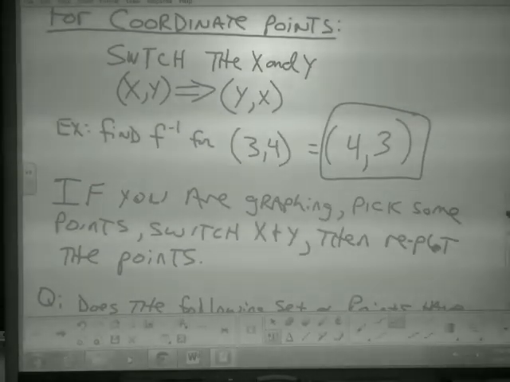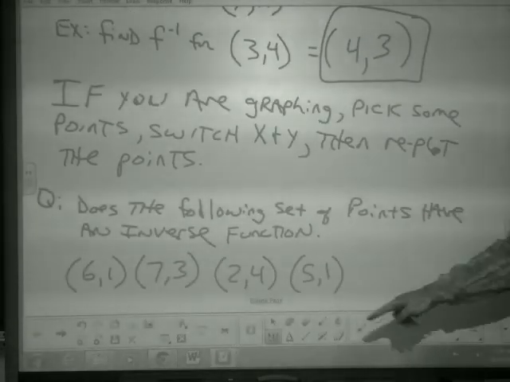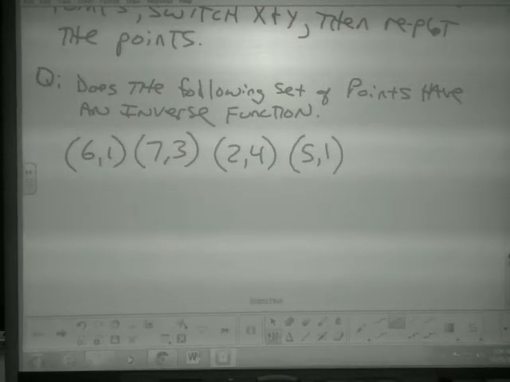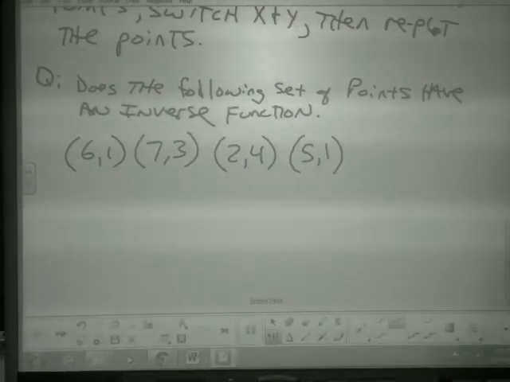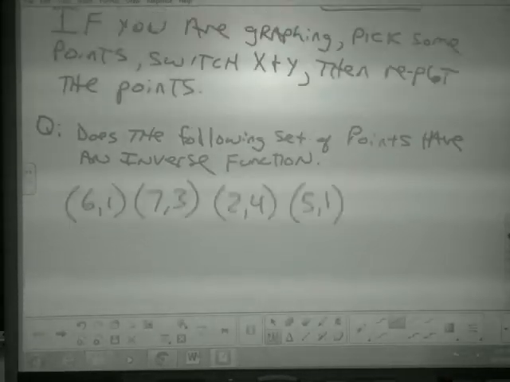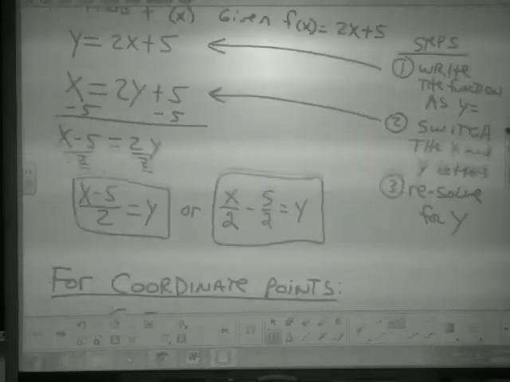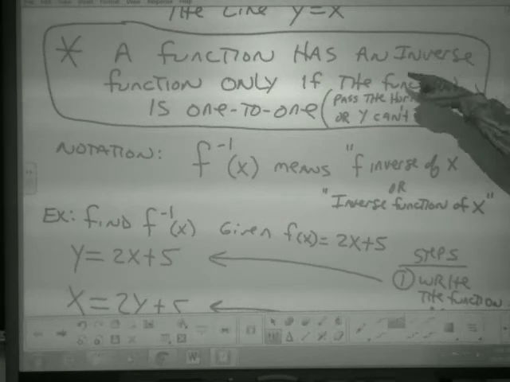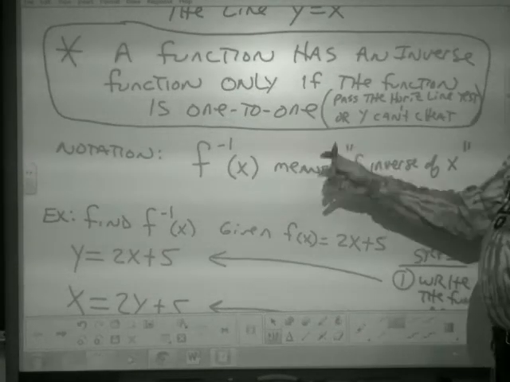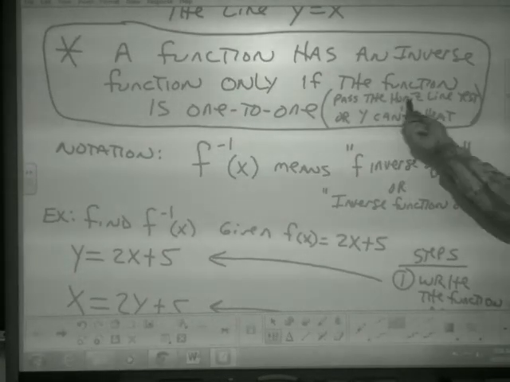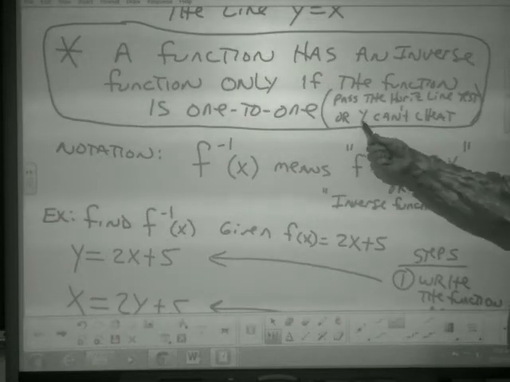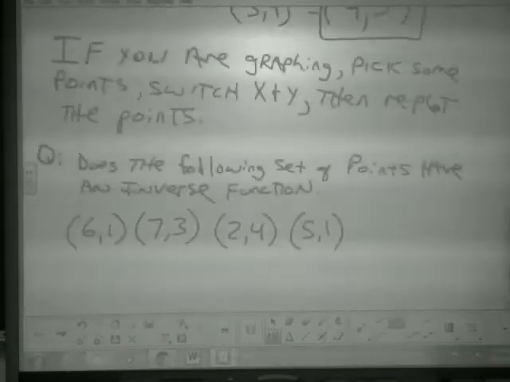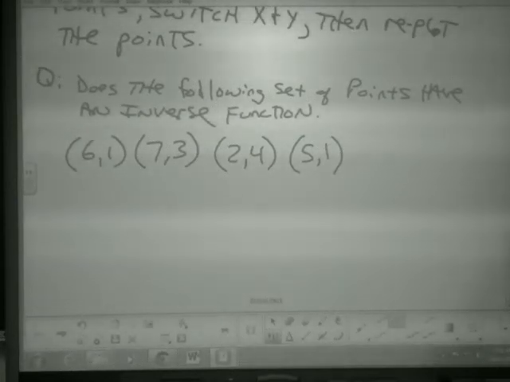Sometimes they will just ask, does it have an inverse? Does the following set of points have an inverse? Well, let's go back up. A function has an inverse function only if the function is one-to-one. So either if it's a graph, we have to pass the horizontal line test, or y can't be cheating. Let's take a look at our points. Is y cheating?